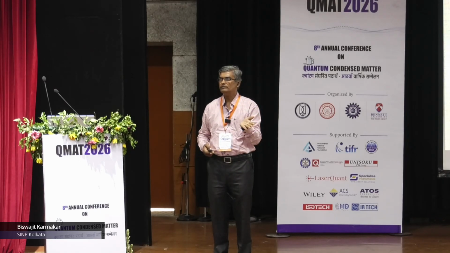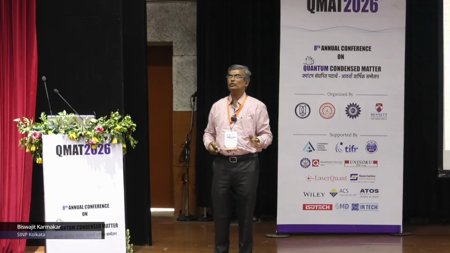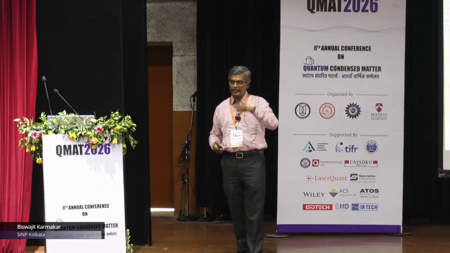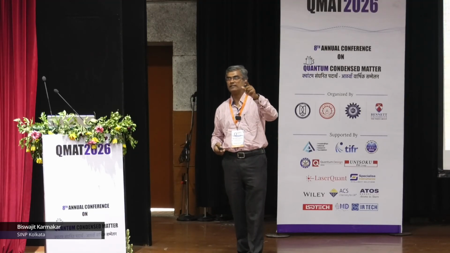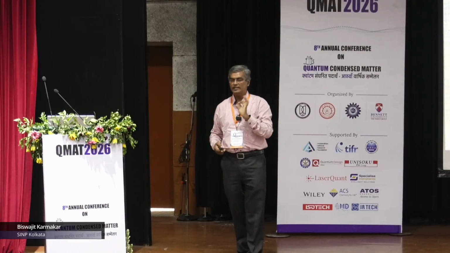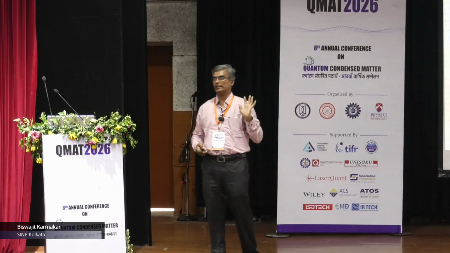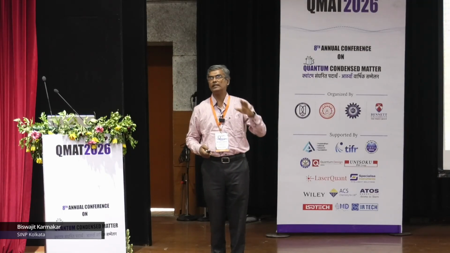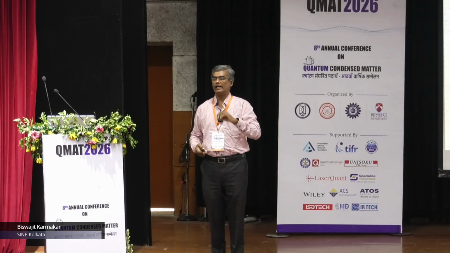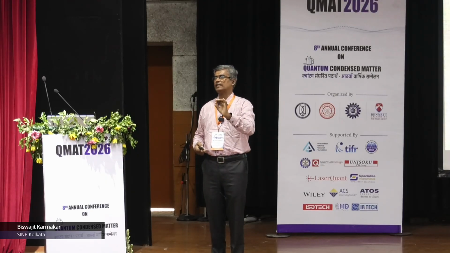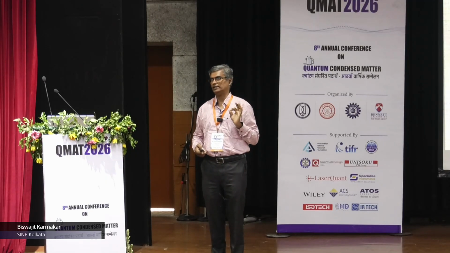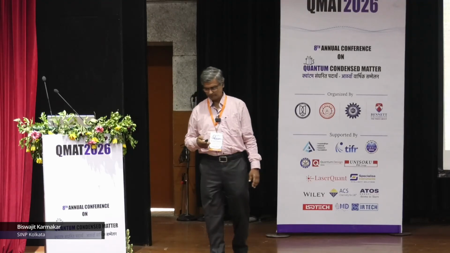Whenever you cross Ls over Lb less than 1, you immediately reach the chiral metal phase. So we reach the chiral metal phase at 0.3 Tesla, just about the start of Shubnikov-de Haas oscillation.